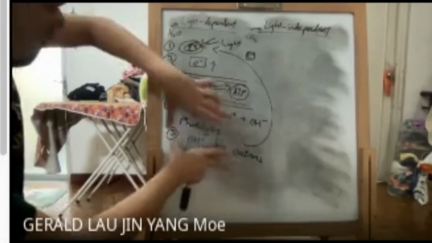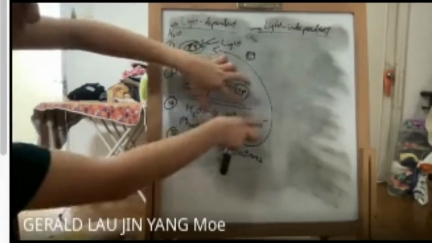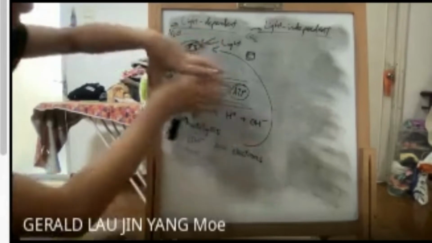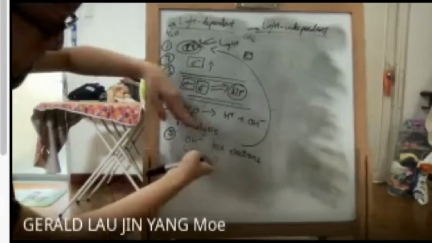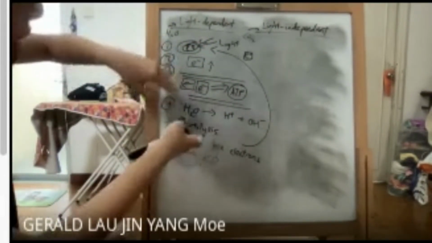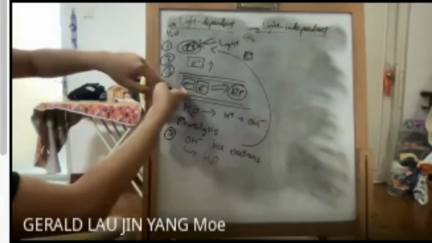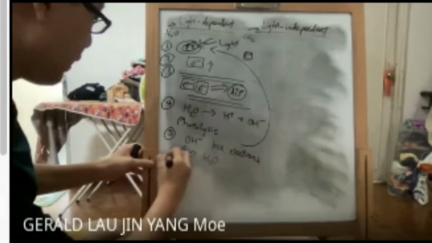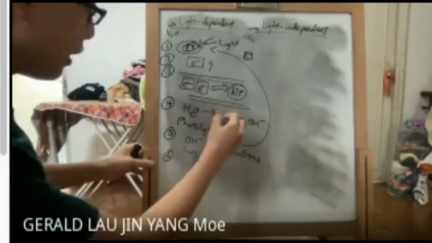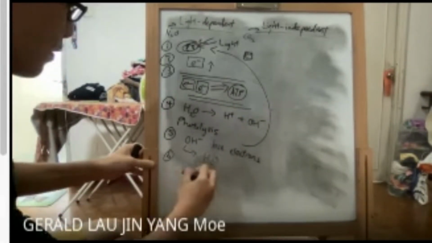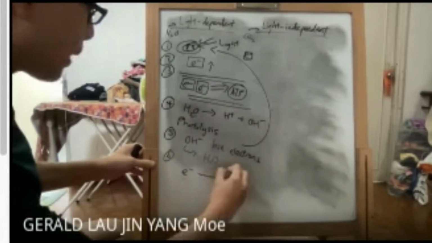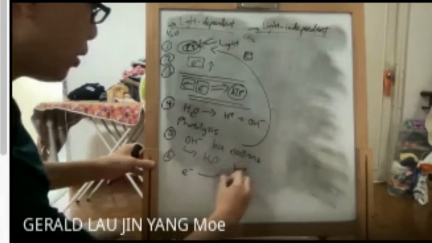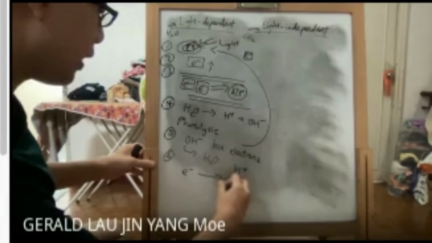Water is finished, photolysis, and it has lost electrons already. Now, we go back to the electron. Look at this H+. The electron and the H+ will reach a site called NADP+.